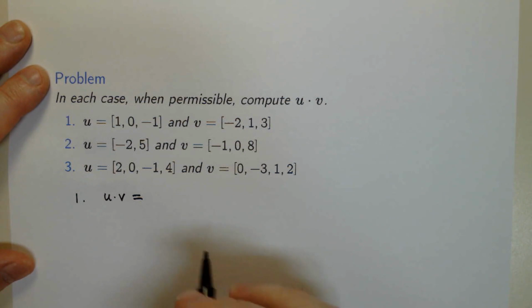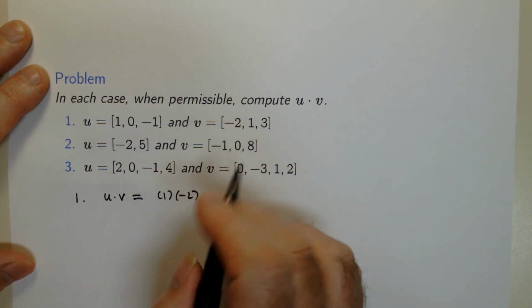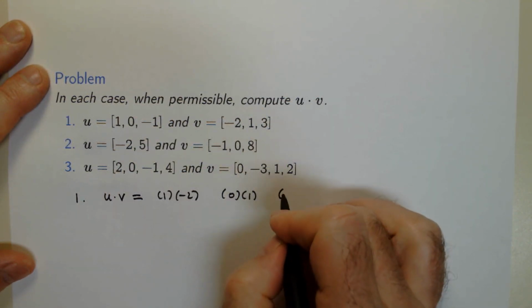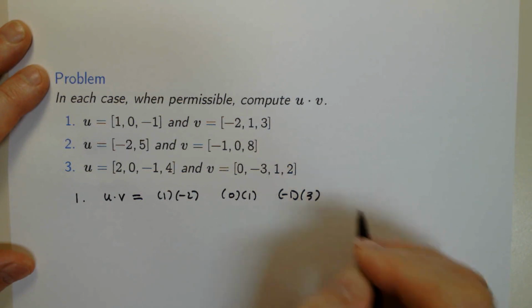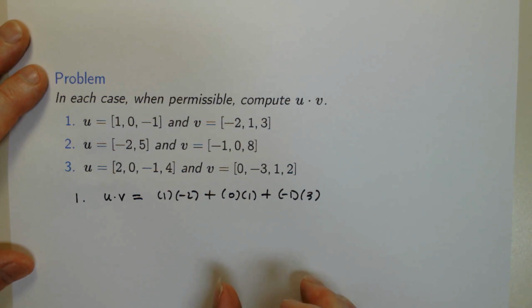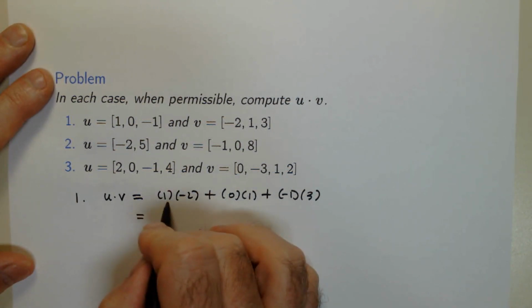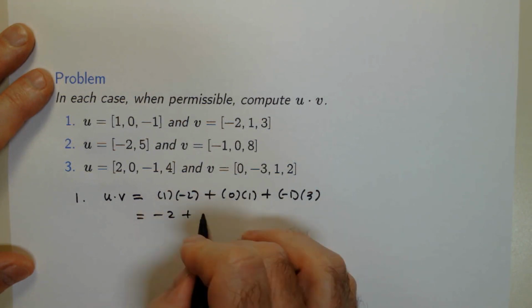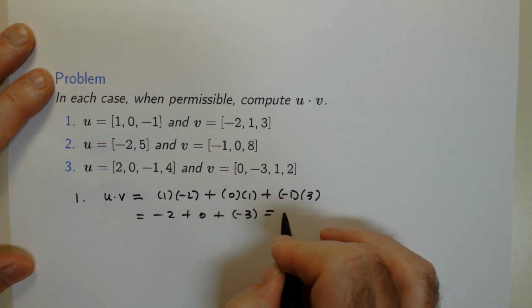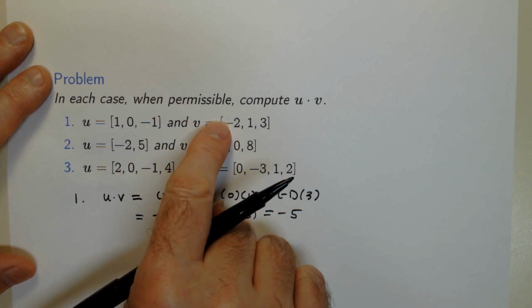So I'm going to have the 1 times the negative 2. I'm going to have the 0 times a 1. And a negative 1 times the 3. And I'm going to add these pieces together. So you do component-wise multiplication and then addition. Now, what do we get? We get negative 2, 0, and negative 3. And so that's going to result in negative 5. So that's the dot product of u and v in this first case.